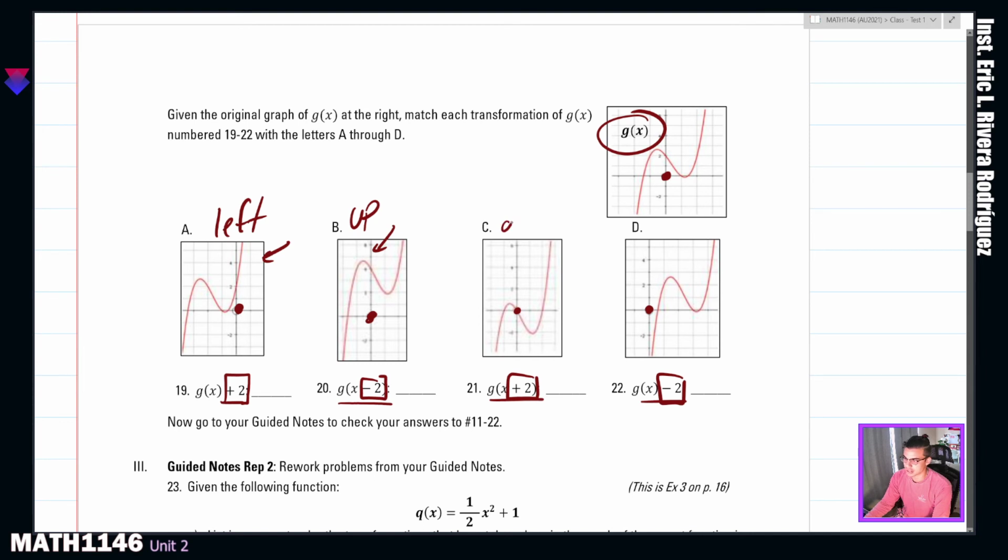Here you see that it is down a little bit, and here it seems to go to the right. Okay, so left, up, down, right. You need to know which of these modifications have those effects, and then you need to match.